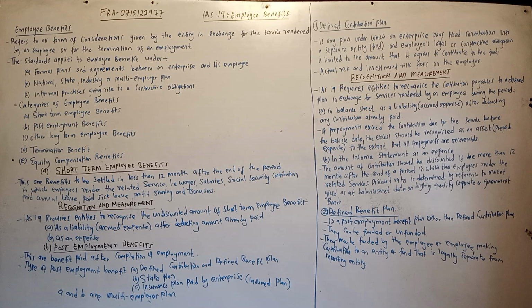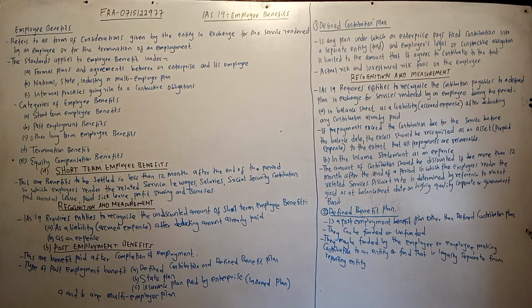So let us see some of the items here on the board. So we have the employee benefits, and we have said that the employee benefits refers to all forms of consideration given by the entity in exchange for the service rendered by an employee or for the termination of the employment.